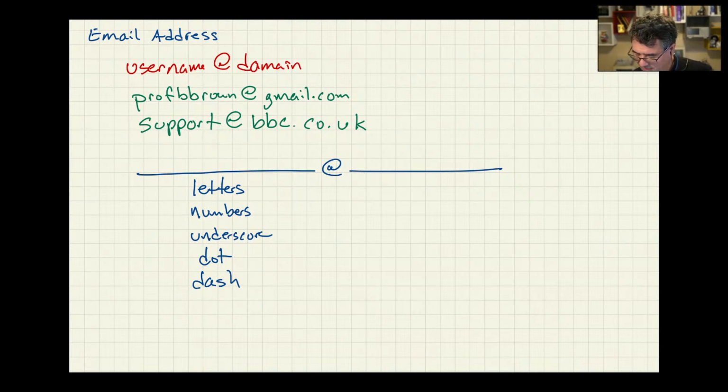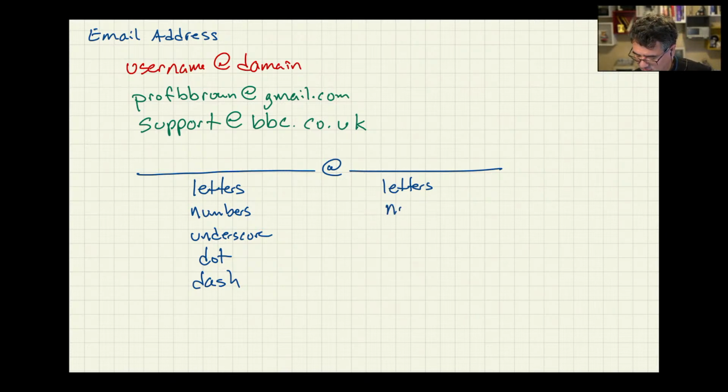And then back behind the at sign, over here, what do you see back there? Certainly we got letters. Anything else? I think you can have the same set of characters. Is that true? No, underscores are not allowed. Oh, I didn't know that. But otherwise, it is pretty much the same.